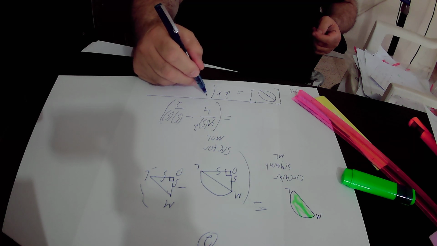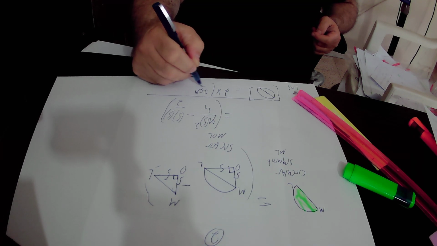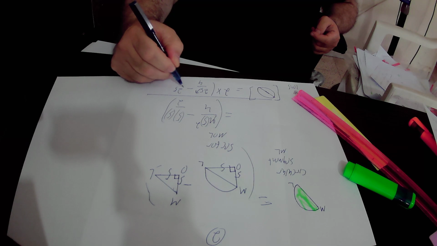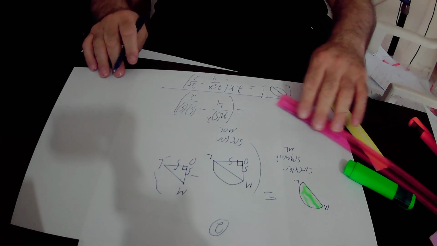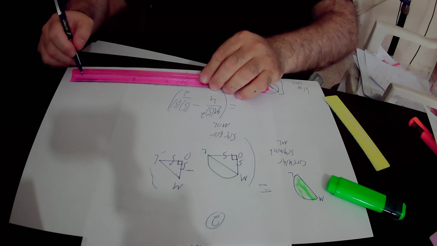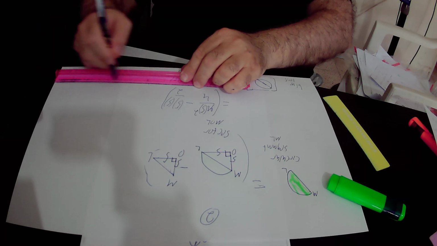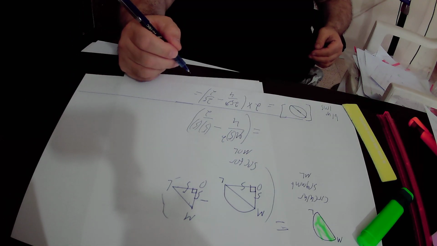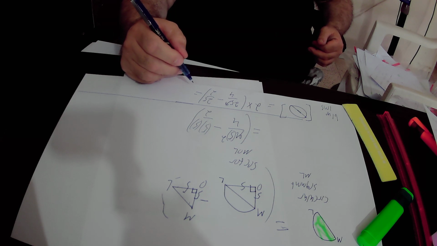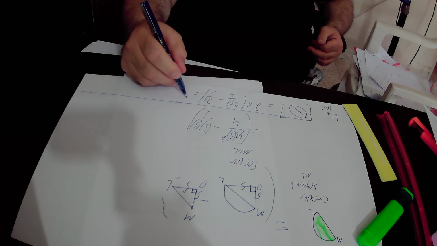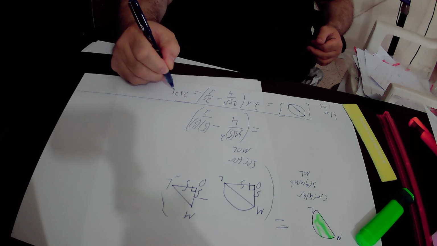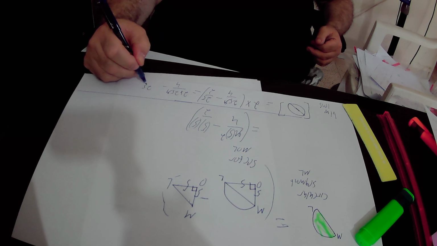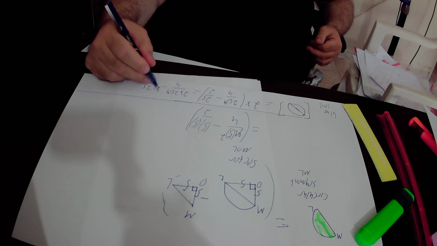5 squared is 25, so it is 25 pi over 4 minus 5 times 5, which is 25 over 2. Okay. So here we'll open the brackets and we'll get that 2 times 25 pi over 4 equals 25 times 2 over 2.